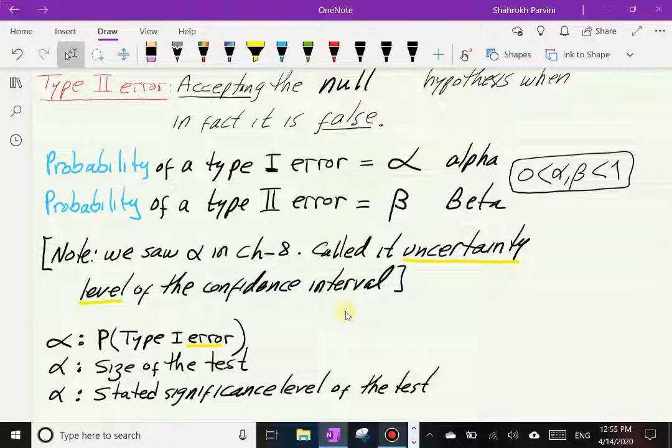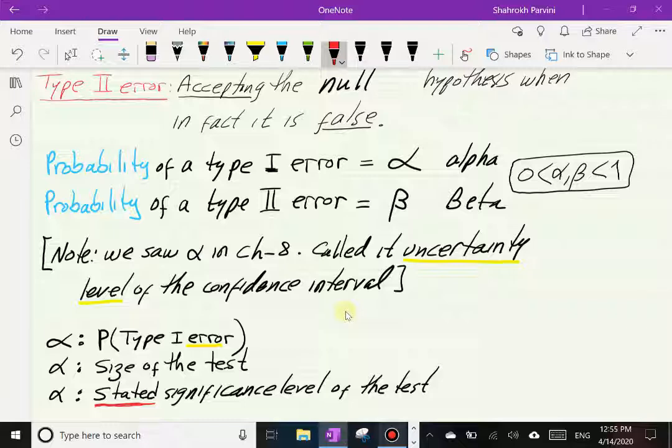Now, the size of the test will be determined by, in the case of homework problems, the author, but usually alpha is stated or determined by the researcher. That's why it's called a stated value in here. See, it's something that's predetermined. Okay. When we put numbers to these folks, things will get more clear.